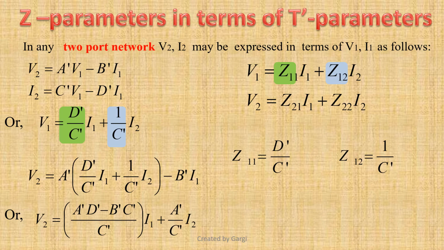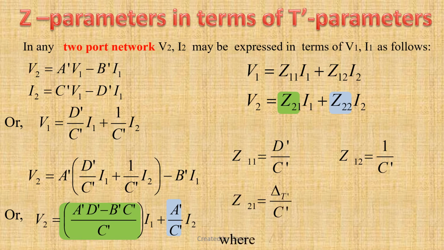Now, comparing the expressions for V2, we get Z21 equals delta T dash by C dash, where delta T dash equals A dash D dash minus B dash C dash, and Z22 equals A dash by C dash. Now, we have obtained the expressions for Z parameters in terms of T dash parameters.